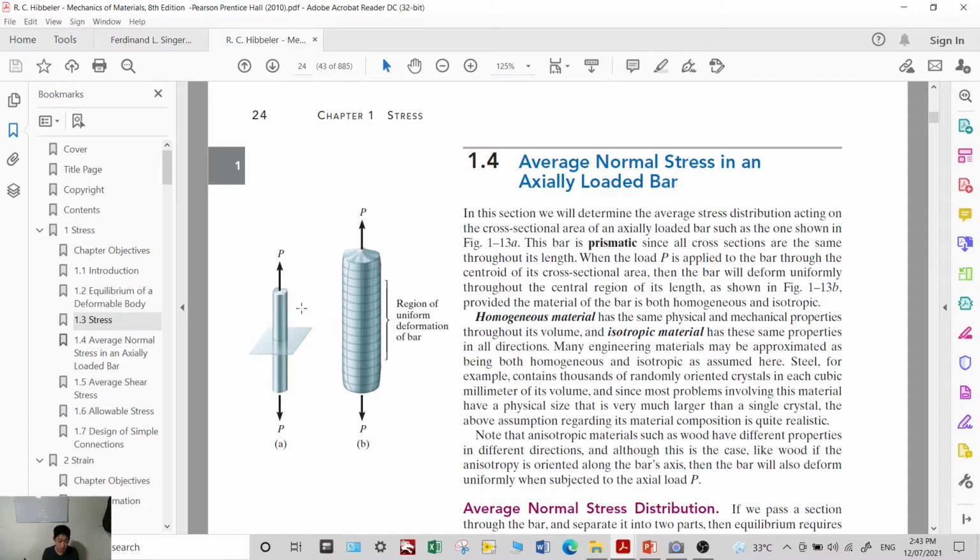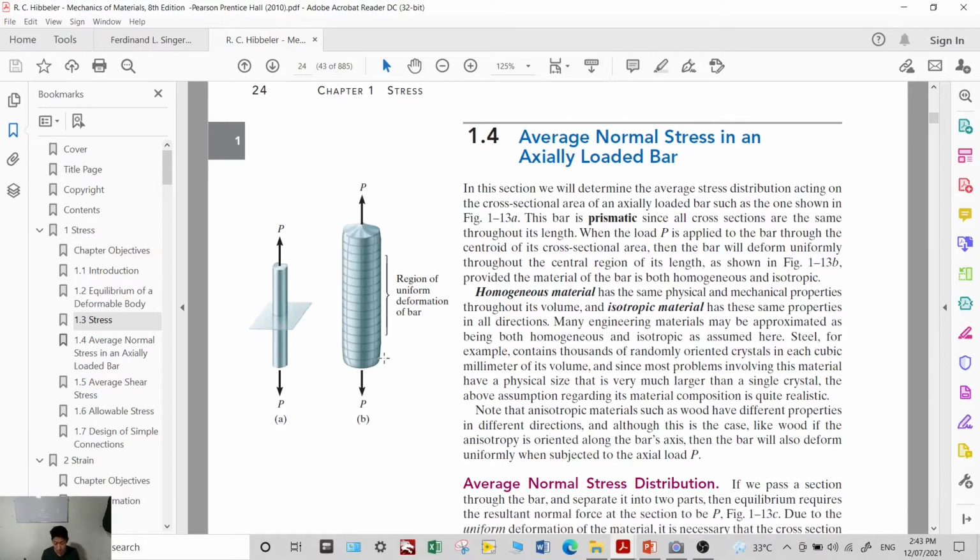Compressive stress is the stress that your body experiences when you compress the material.